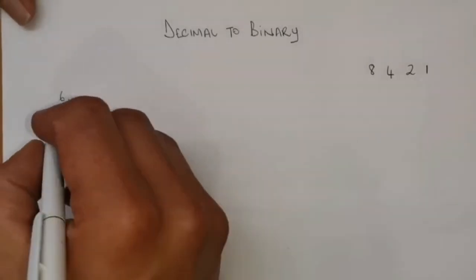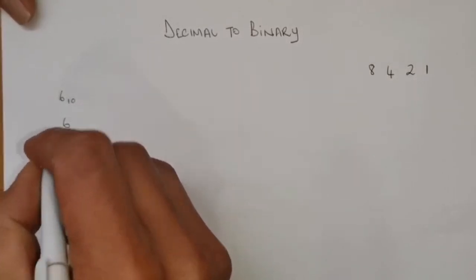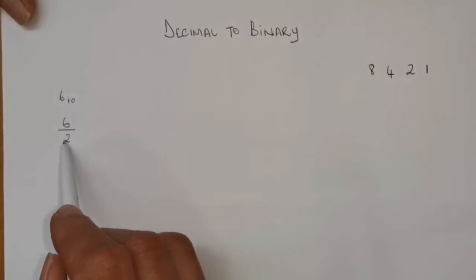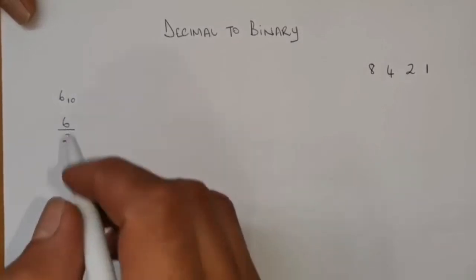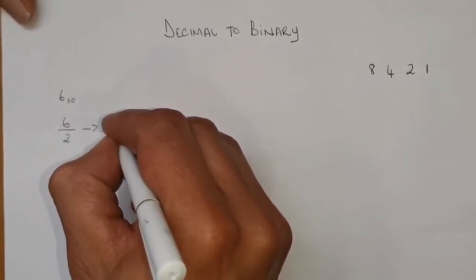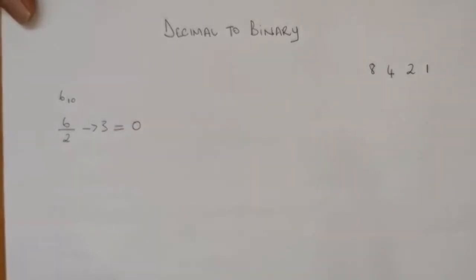If we take 6, we have the 2 there. We're not going to use the calculator. We're going to say 2 goes into 6 how many times? 3 times. If it goes into 6 3 times, we have nothing left.